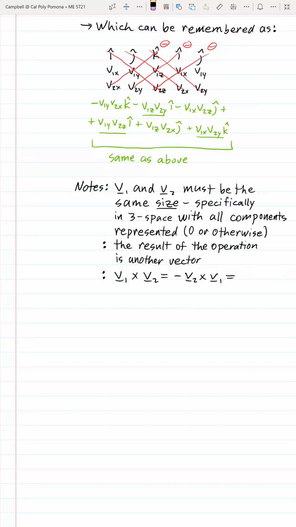It is not equal to V2 crossed into V1. Okay, so here we can't just reverse the order and hope to get the same result. That is not going to happen.